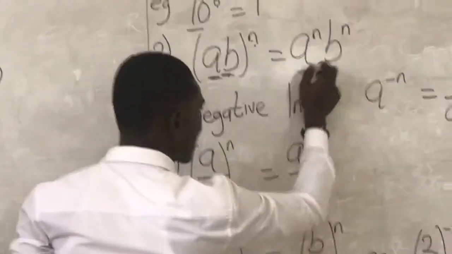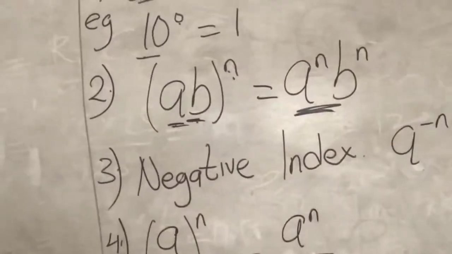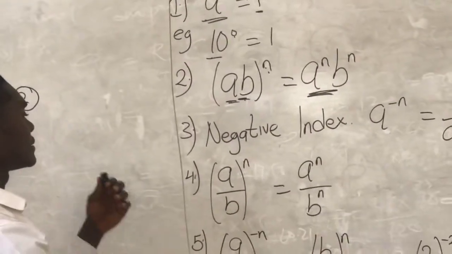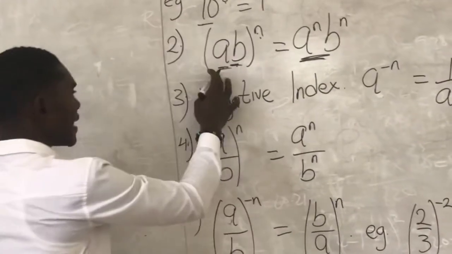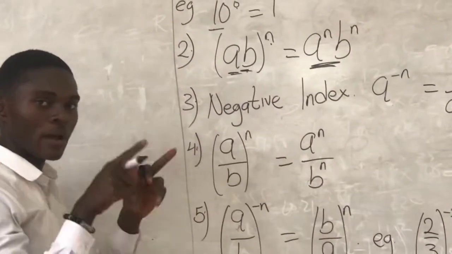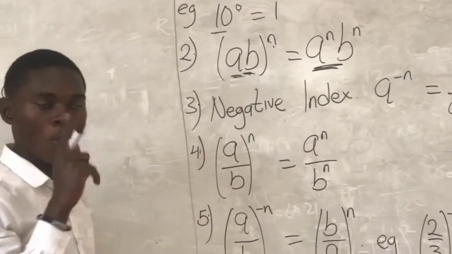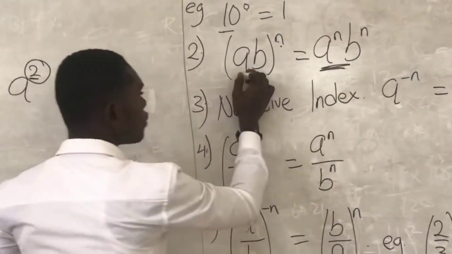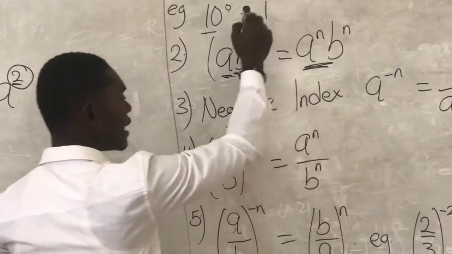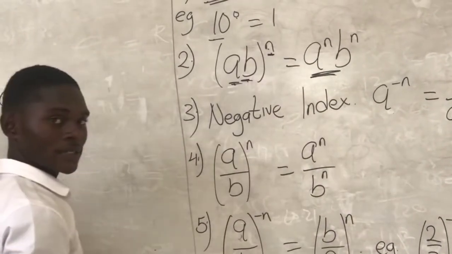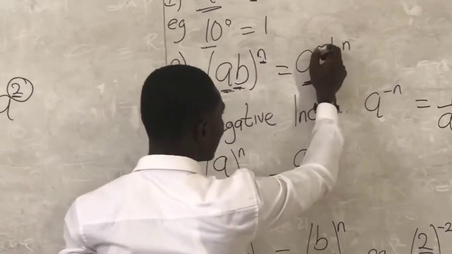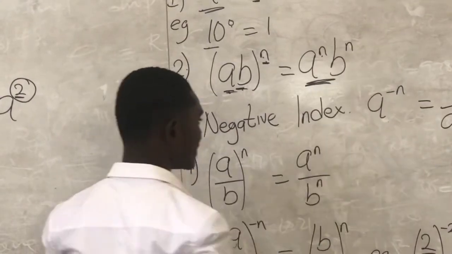That's what property 2 is telling us: when A and B are in one bracket, multiplying, and they all have one exponent, A will take the exponent and B also will take the exponent. So you get A index n and B index n.